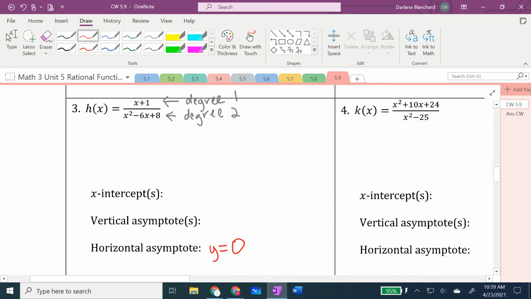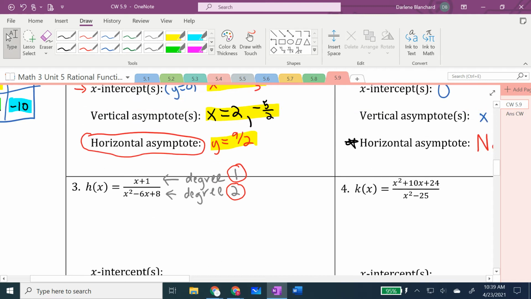And what you want to be aware of is with the degree 1 polynomial in the numerator and a larger degree in the denominator, the larger x gets, the bottom is so much larger than the top that the ratio is actually heading to 0.